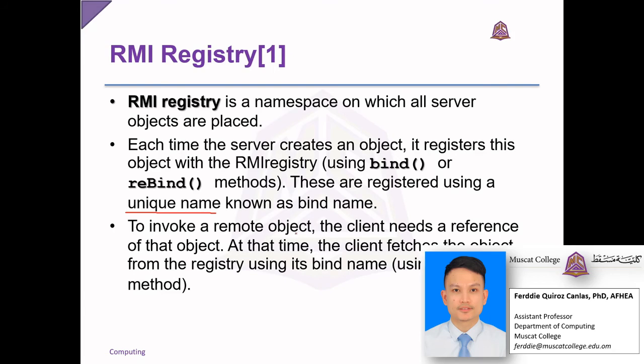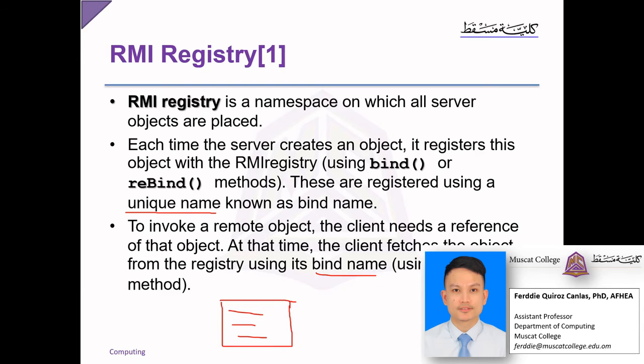To invoke a remote object, the client needs a reference to that object. At that time, the client fetches the object from the registry using its bind name, using a lookup method. So in the RMI registry there will be the names of clients, or whoever owns the remote object.